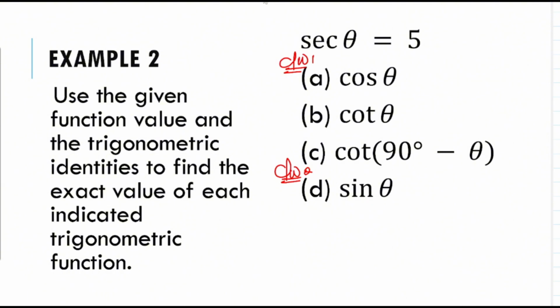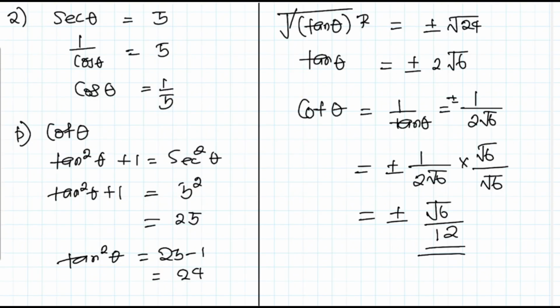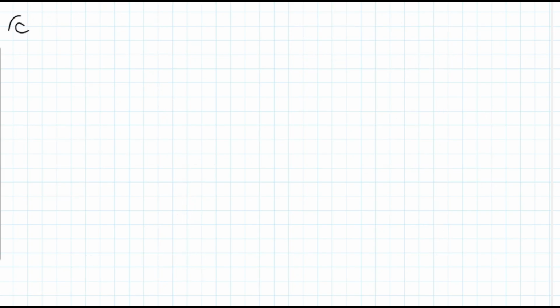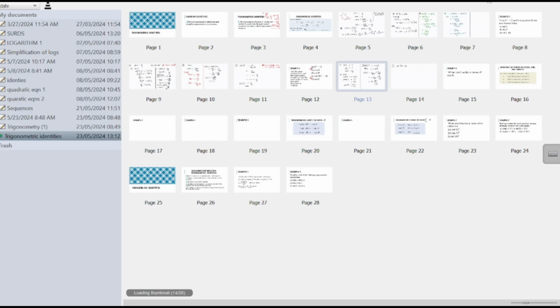So C, cot of 90 minus theta. This is one of the co-function identities. We've not done co-functions, but we can quickly do that. In one of the co-function identities, cot of 90 minus theta is equal to tan theta.